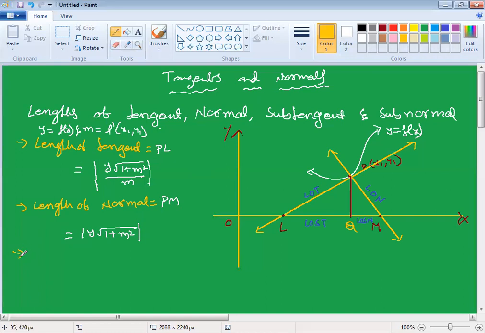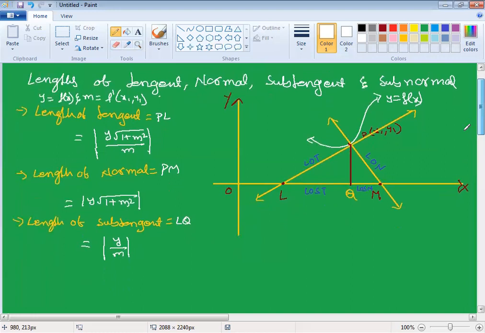Now the third one, the length of subtangent, that I gave you already. Length of subtangent is LQ, which is written in formula form as mod of y by m.